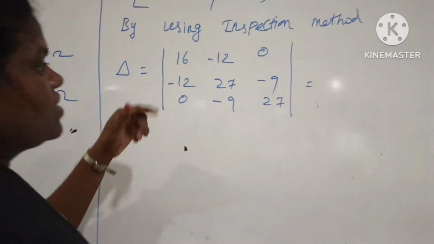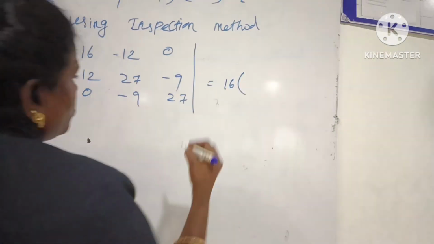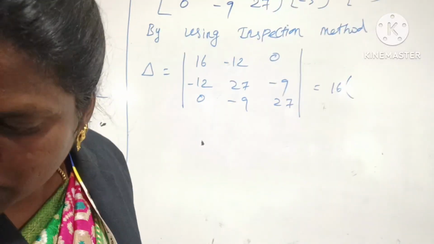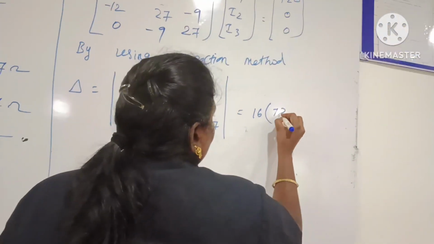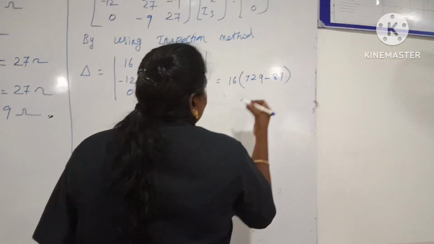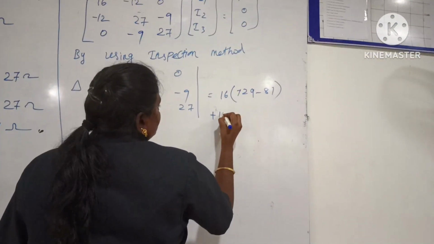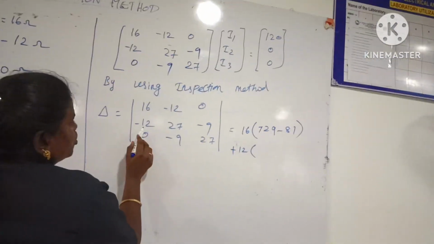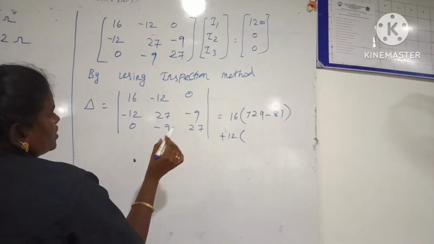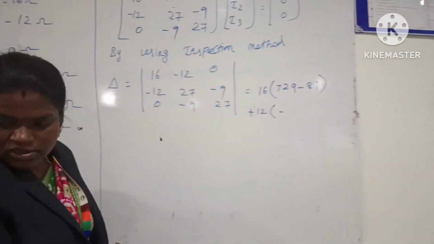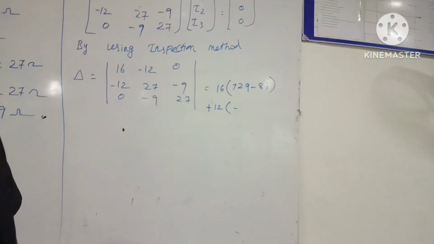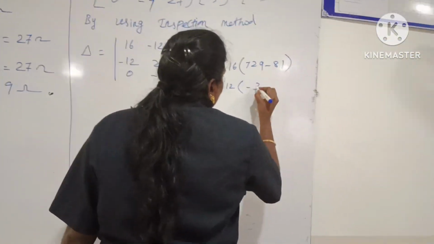So 16 into 27 into 27, 729 minus 81, 9 nines are 81, minus into minus plus 12 into minus 12 into 27, minus 324.